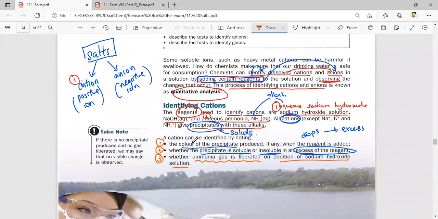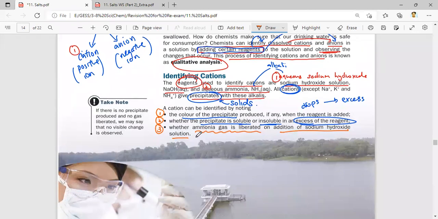Okay, now I want us to take note of this box over here. Sometimes when we do cation tests, there's really no change that we have observed. So when there's no precipitate produced and no gas liberated, we may say that no visible change is observed.